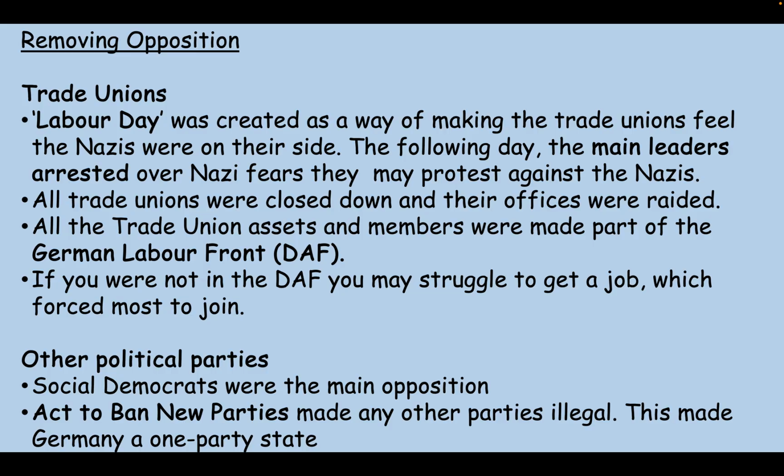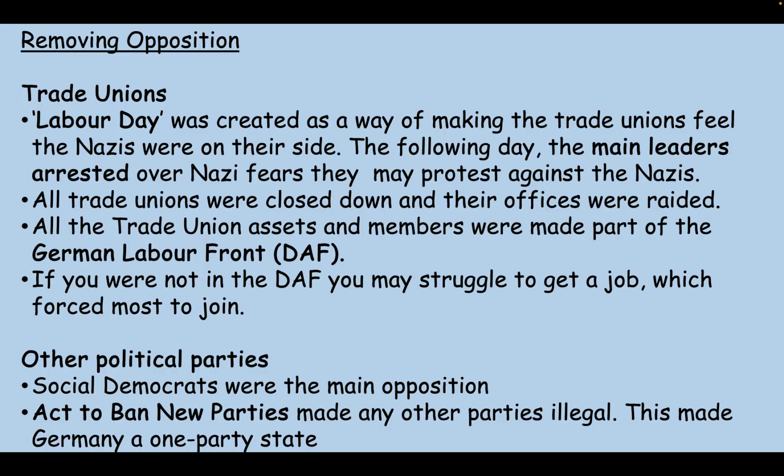Now, unsurprisingly, the DAF, this new trade union, is controlled by the Nazis. And they make it very, very difficult for workers if they're not a member of the DAF. So they have now got control of workers because they have closed down all of the trade unions that would have stood up to the Nazis, and they've created their own trade union called the German Labour Front, which members really need to be a part of if they want to get a job.